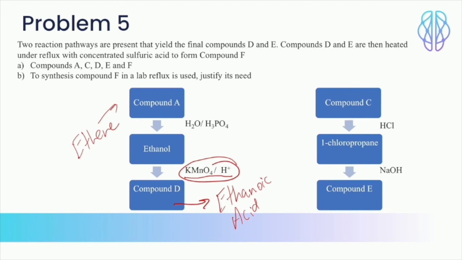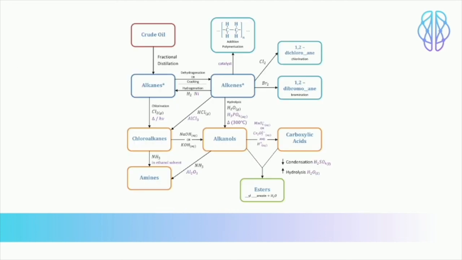Now we can start on the right hand side here. So we have compound C, and it undergoes what's probably going to be an addition reaction to form 1-chloropropane, right? If we consult our mind map, the only thing that undergoes an addition reaction in the presence of hydrogen chloride is an alkene.